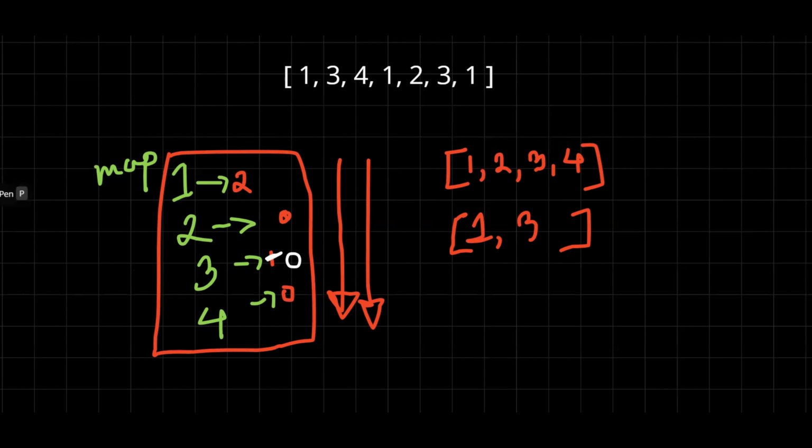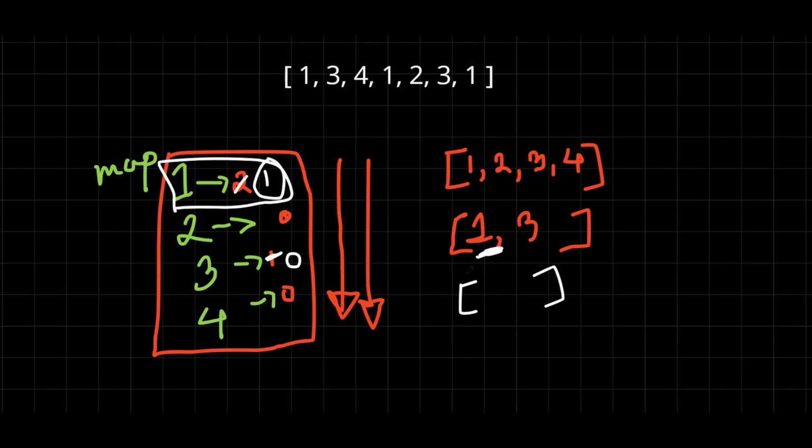Now we have to perform the third iteration. But before that, as we have used one instance of 1 here, we have to decrease the frequency of 1 from 2 to 1. Now for the third array, we can see that none of the values is greater than 0 except this value 1.